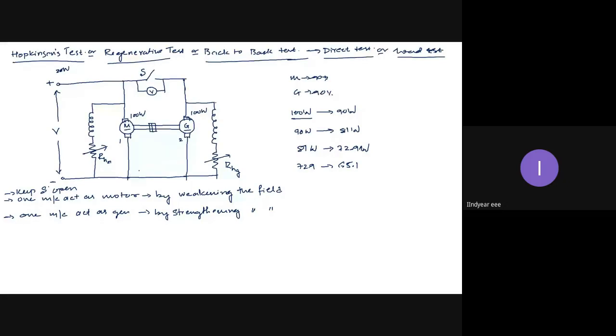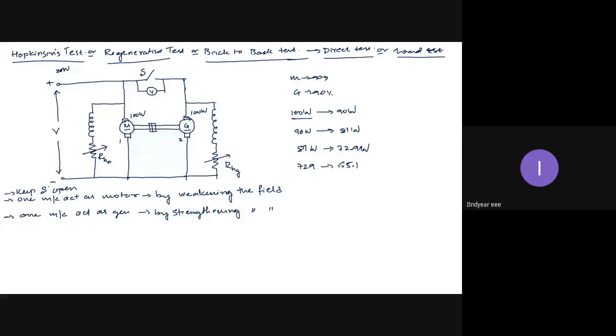Suppose both machines were directly loaded using the same supply, how much input power would be required to test? 200 watts: 100 watts for this machine, 100 watts for this machine to conduct the load test.